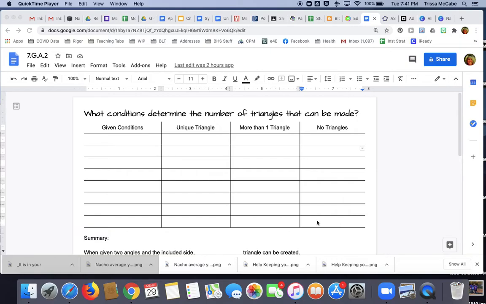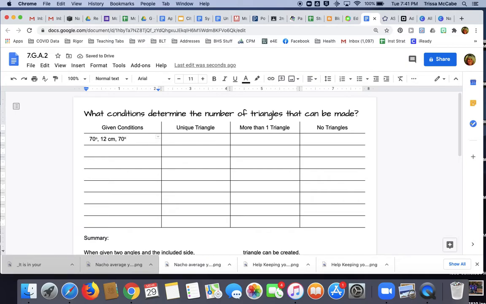Okay, welcome back. Let's go ahead and fill in one of the given conditions, and we're going to use that problem that we learned earlier in the love triangle mid-school math lesson, where we had a 70-degree angle. We had a side length of 12 centimeters in between the other 70-degree angle.